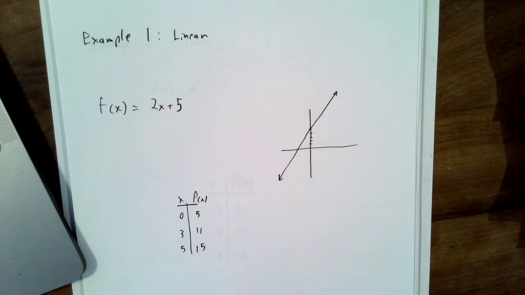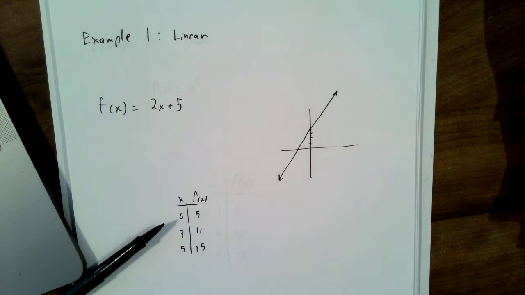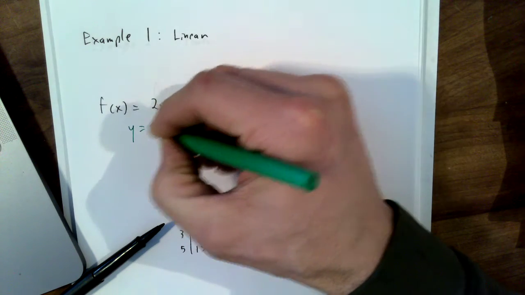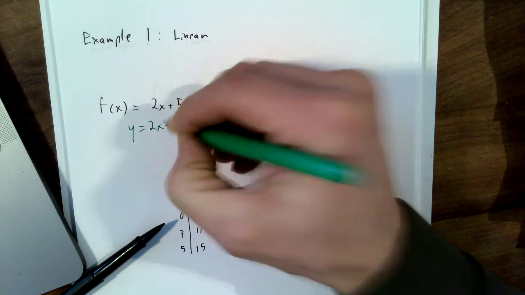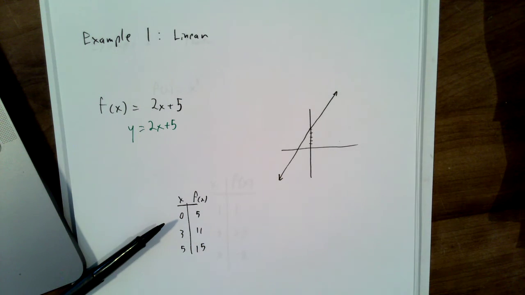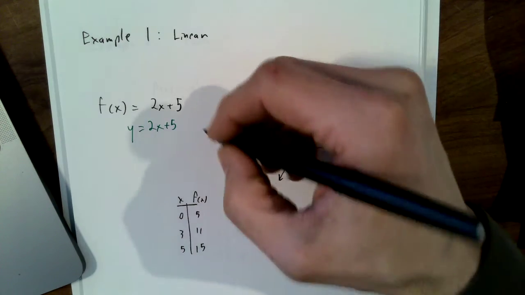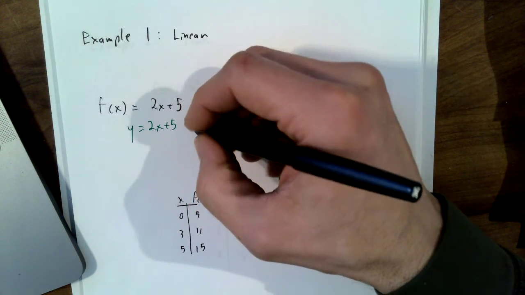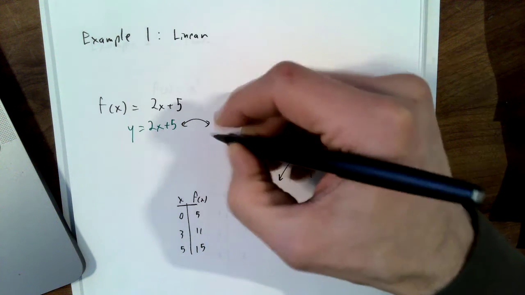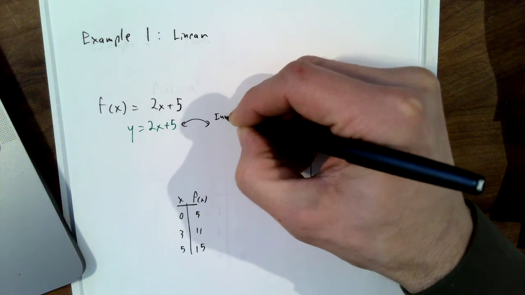So f of x equals 2x plus 5, a linear function, could be written, if you use an output variable, y equals 2x plus 5. Regular line with a slope there. If you think about switching input and output, you'd be switching from this one to the inverse.